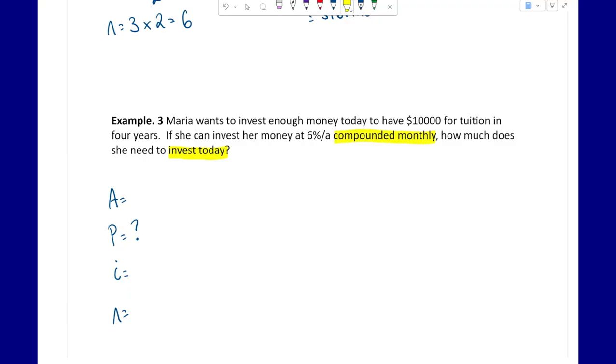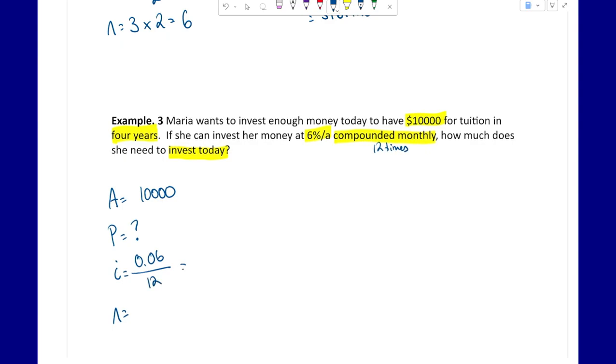We're looking for P. If we go back through our question, we do have $10,000 for tuition. So that's how much we want to have at the end of 4 years. So that's how long we're going to be investing. And it's 6%. So for I, 0.06 or 6% divided by 12, because monthly means 12 times in a year.